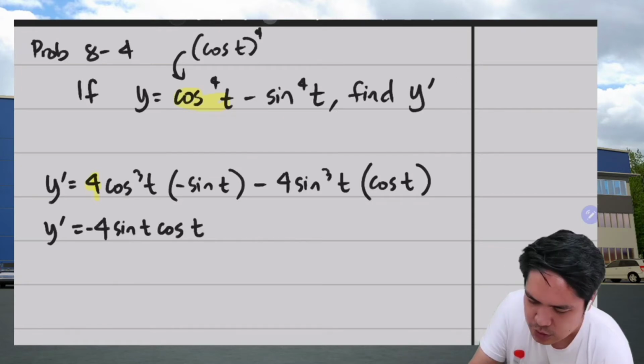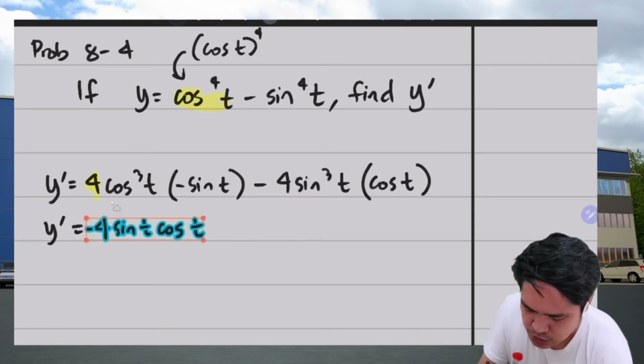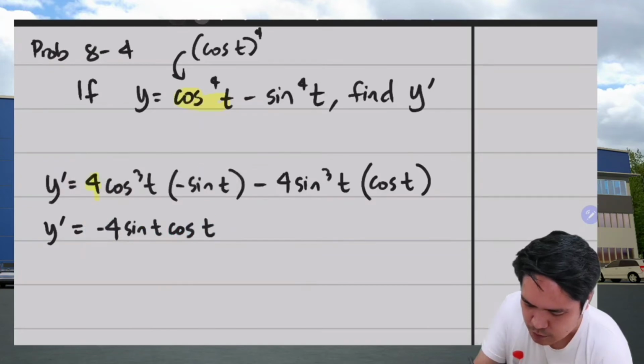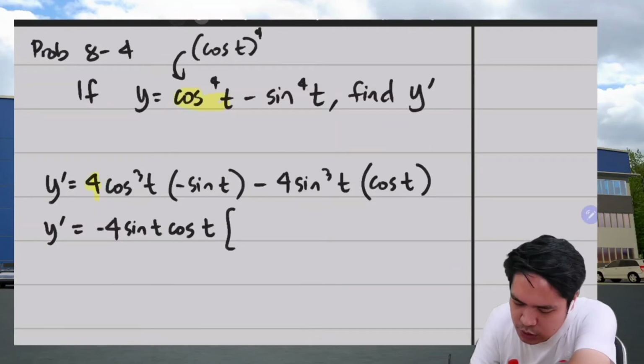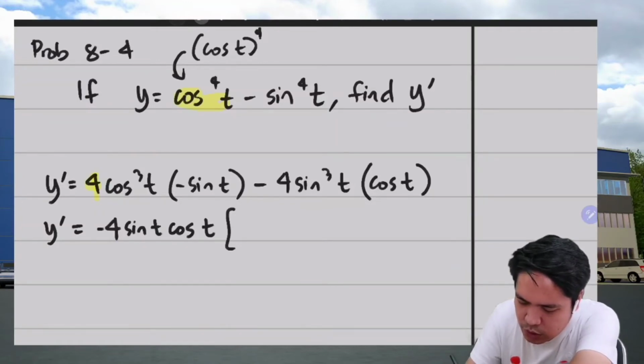What will be left here: the 4 and the sine are factored out, and one cosine remains, so we'll have cosine squared t.